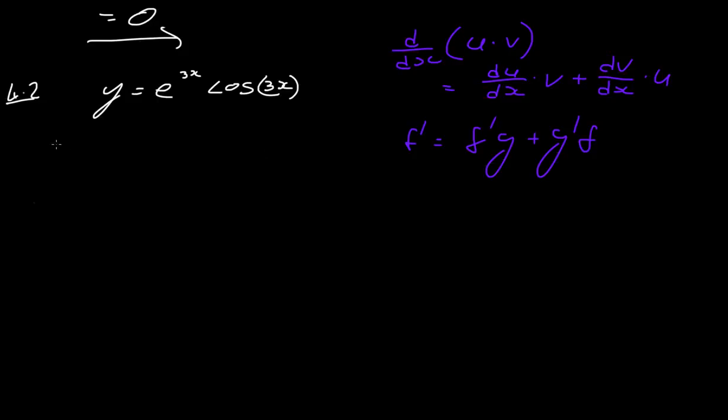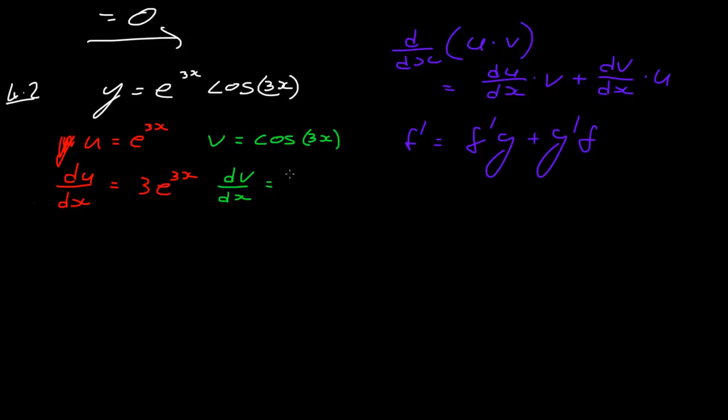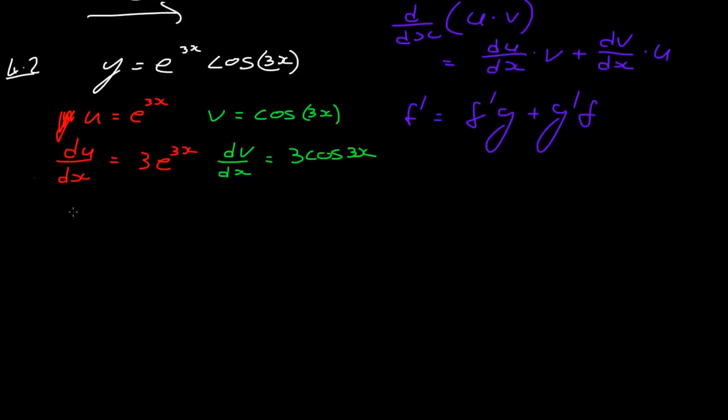Right, so that's easy. So if we assume that u equals e to the 3x, and we've got v equals cos of 3x, then du by dx is equal to 3e to the 3x, and dv by dx equals 3 cos 3x, okay, and therefore dy by dx is equal to, by the product rule, du by dx times v plus dv by dx times u, right?